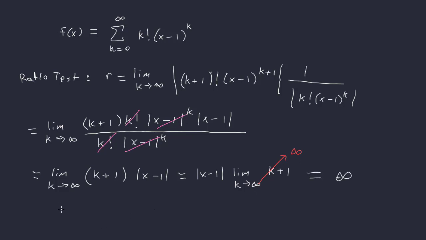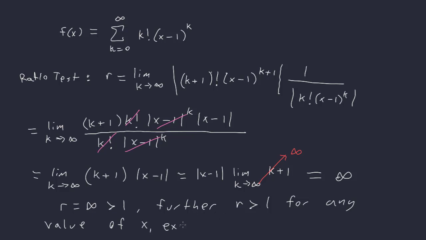So r equals infinity. Well, infinity is definitely greater than 1, and further, r is greater than 1 for any value of x. Okay? Except for x equals 1. Right? When x equals 1, this zeroes out.